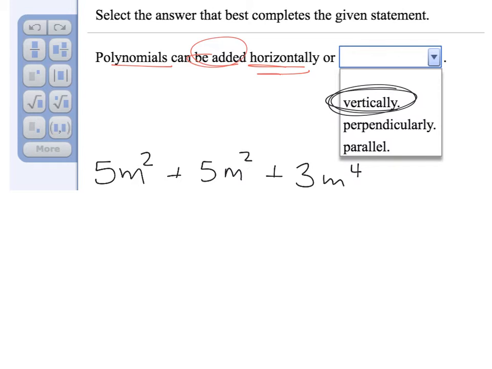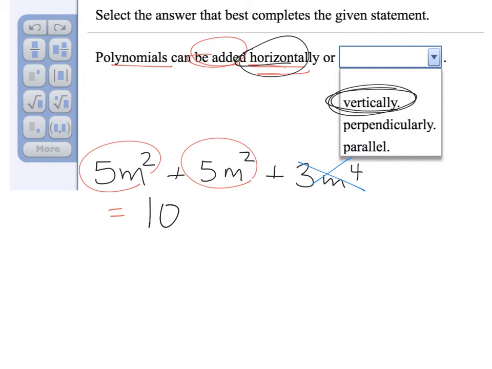You can add them horizontally, meaning you add like terms. This and this are like terms, this is not. So we're only allowed to add like terms, so in this case it would become 10m to the 2nd plus 3m to the 4th, all right?